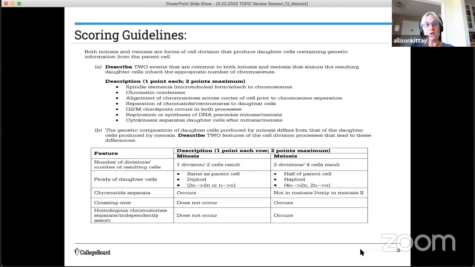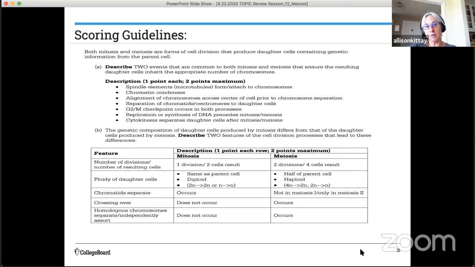Okay. So scoring guidelines for part A, you need 2 events. Each bullet point is 1 point and it's 2 points maximum. So remember, how do the chromosomes move? It's that spindle apparatus. The microtubules will attach to the chromosomes and move them in both meiosis and mitosis.